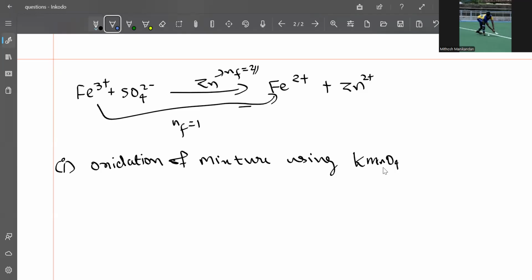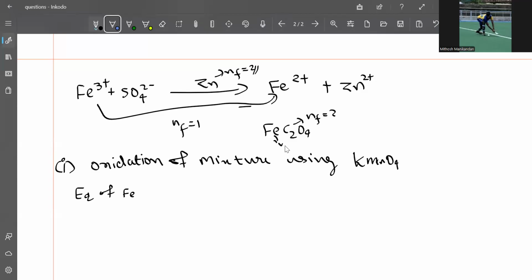So in that case, suppose we have some concentration for Fe2(SO4)3 and FeC2O4, right? So we know the equivalence of FeC2O4, right? So n factor is 1 for Fe, and for C2O4 this n factor is 2.